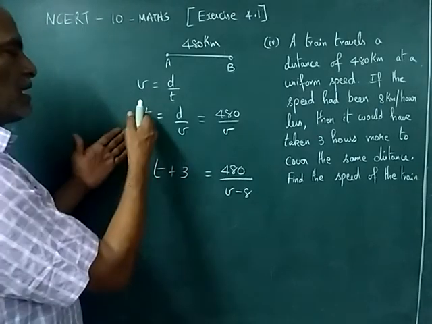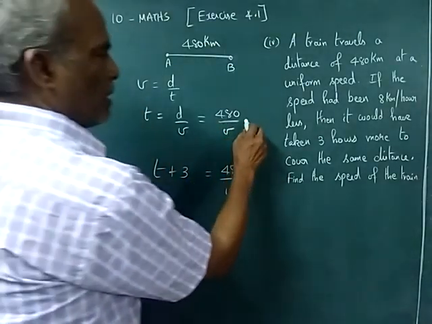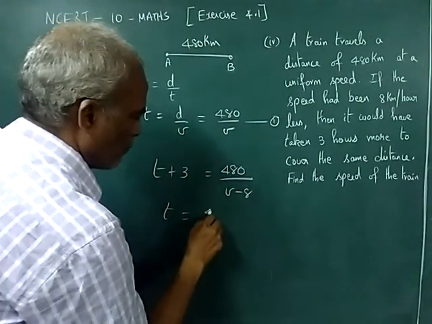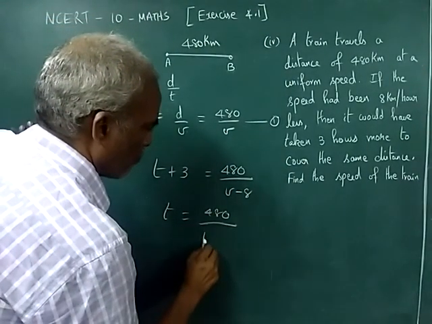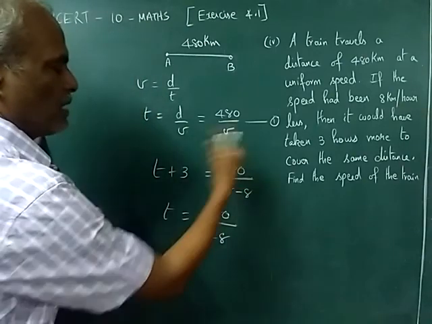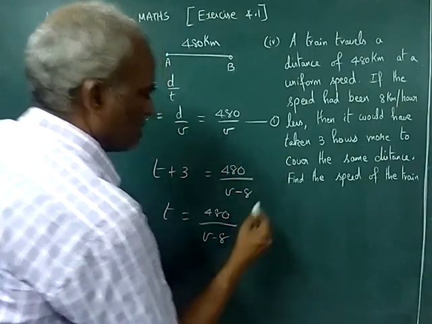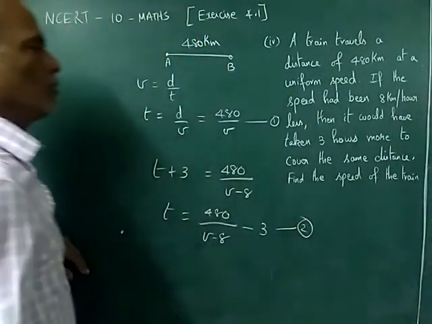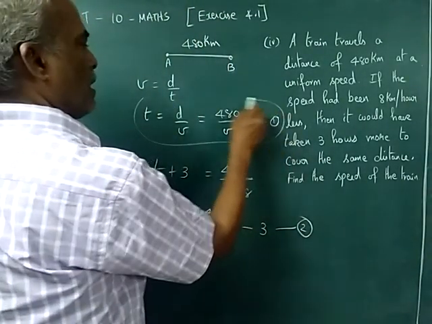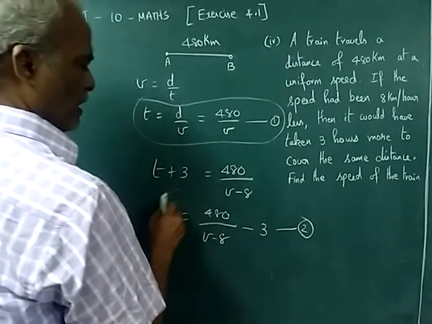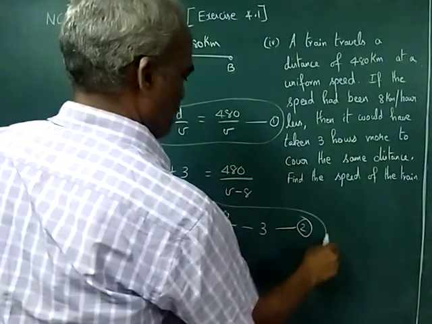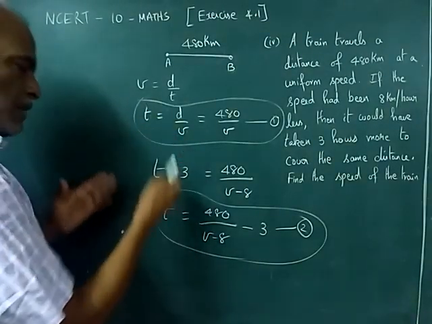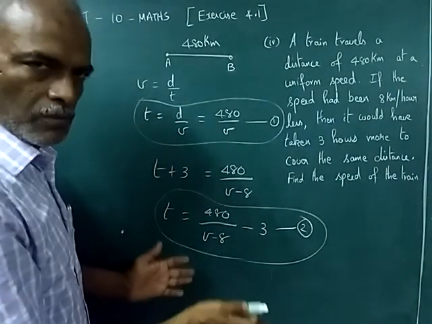Now we are interested in finding out T. So let me call this equation 1, and T is equal to 480 by V minus 8 plus 3, I am calling this equation 2. Now if you carefully see the first equation and the second equation, the left hand side is the same, T. Since the left hand side is equal, the right hand side should be equal.